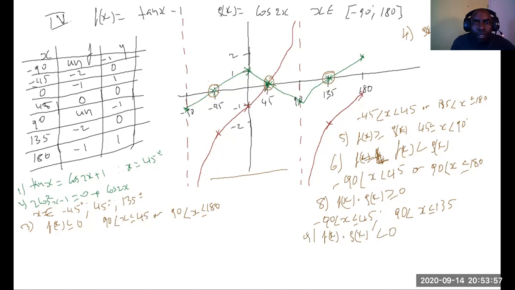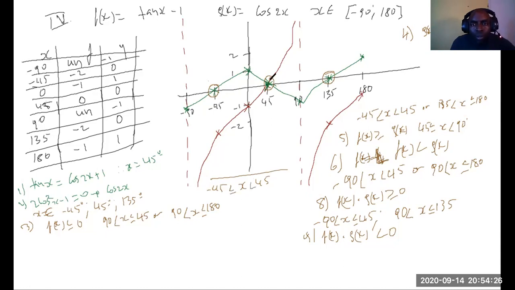Now here same region, here this one is positive, the other one is negative, so between minus 45 and 45, x in between, we want it to be negative, so this should be less.